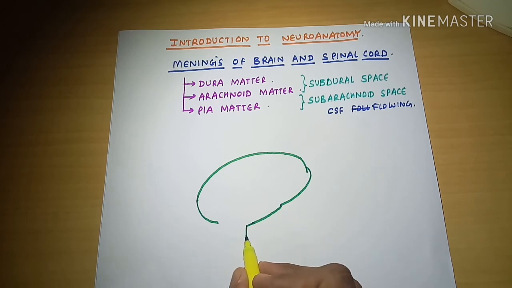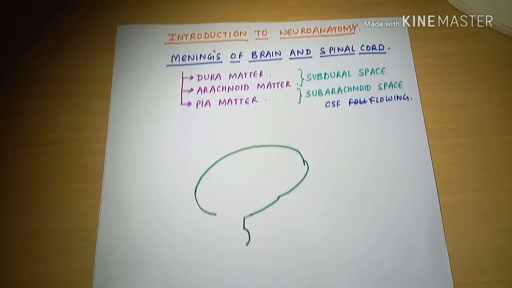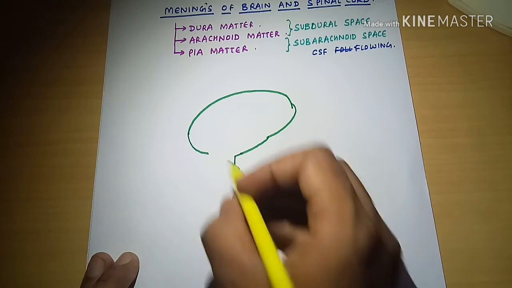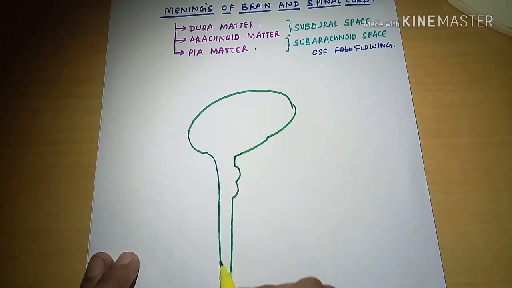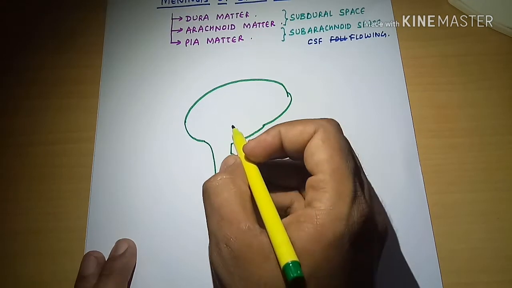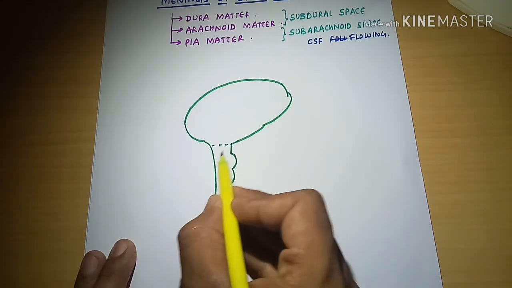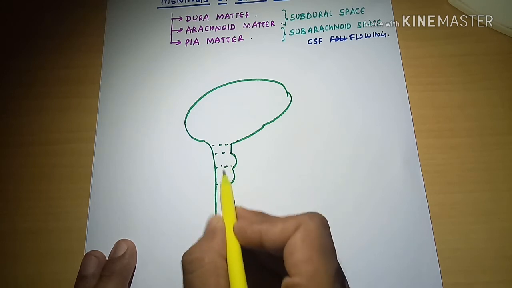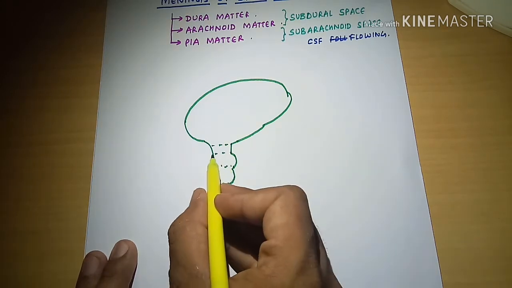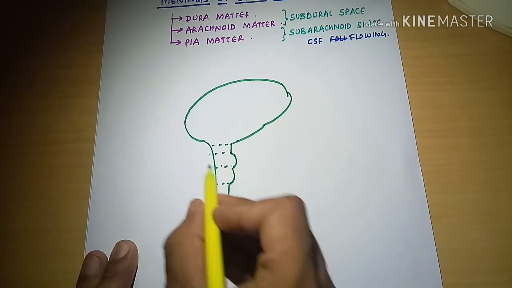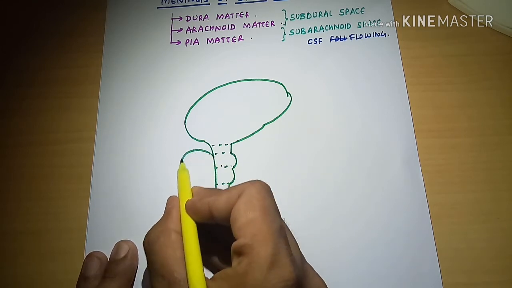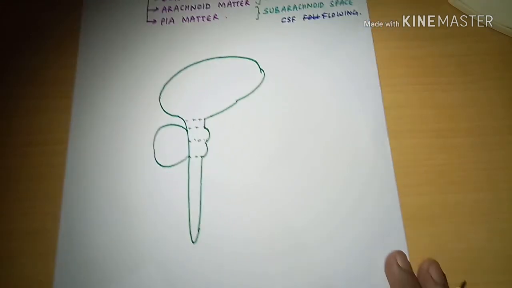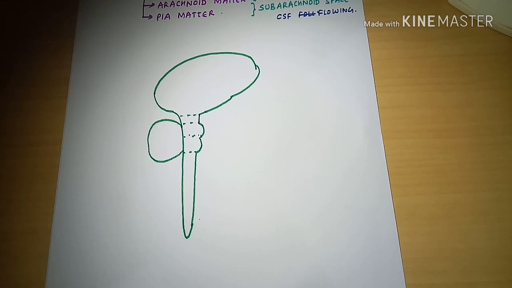This is the midbrain, this is the pons varolii, and this part of the brainstem is the medulla oblongata, and below this is the spinal cord. At the level of the pons and the medulla oblongata, on the posterior side we have the cerebellum. This is a rough diagram of the central nervous system.